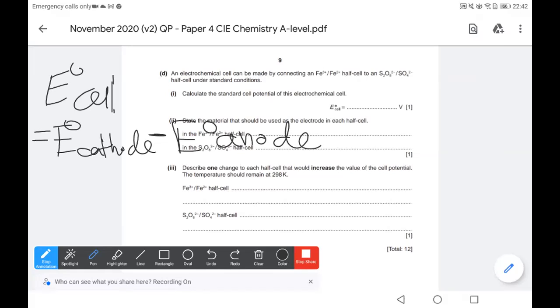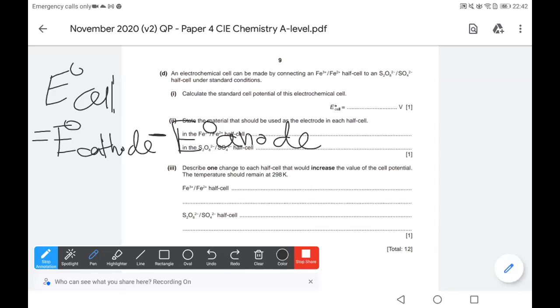So we have to check the data booklet for ferrous, ferric, sulfate, tetrathionate, persulfate. We have to check which one has higher electrode potential. The one with higher electrode potential is the cathode.